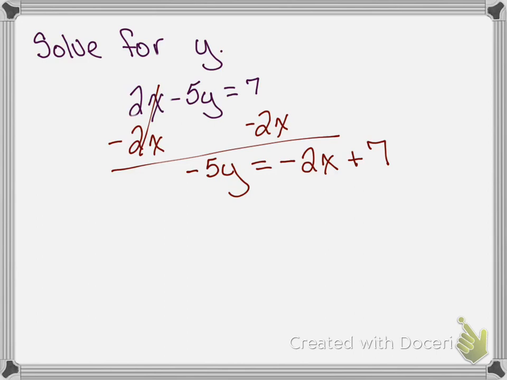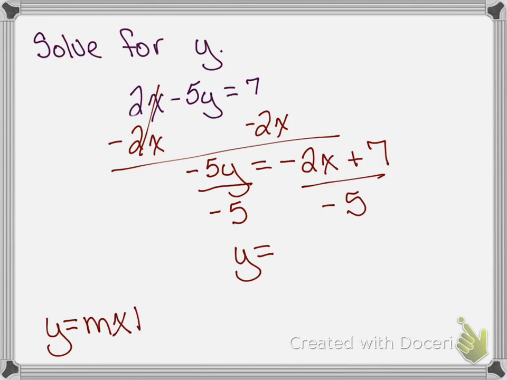Now, my next step is to divide everything by negative 5. Dividing by negative 5. Now, if you left it as negative 2x plus 7 over negative 5, you would be okay. That's a reasonable way to leave it. However, to graph a line, you typically have it in this y equals mx plus b form.